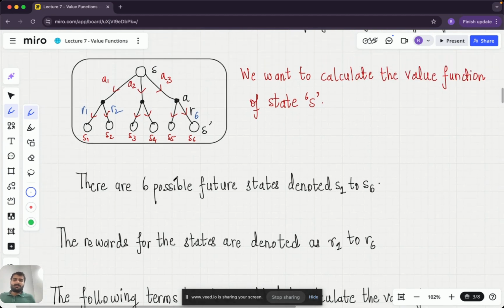The first term is going to be for this path. We will simply take the reward, discount it with the value of that state, then multiply it by the transition probability s1 comma r given s comma a, and then multiply it by the policy.